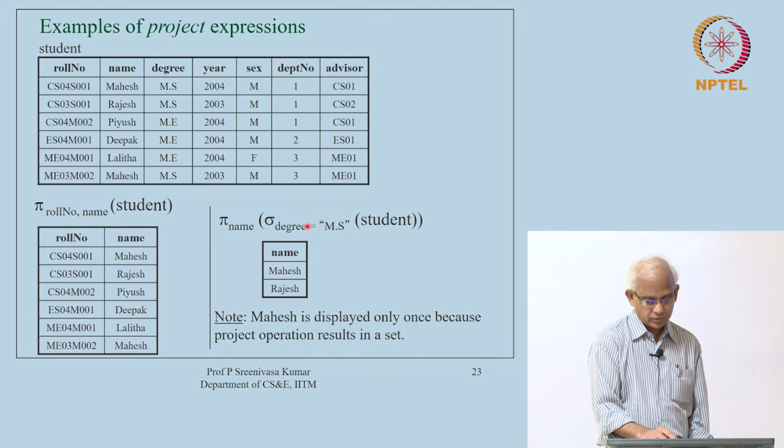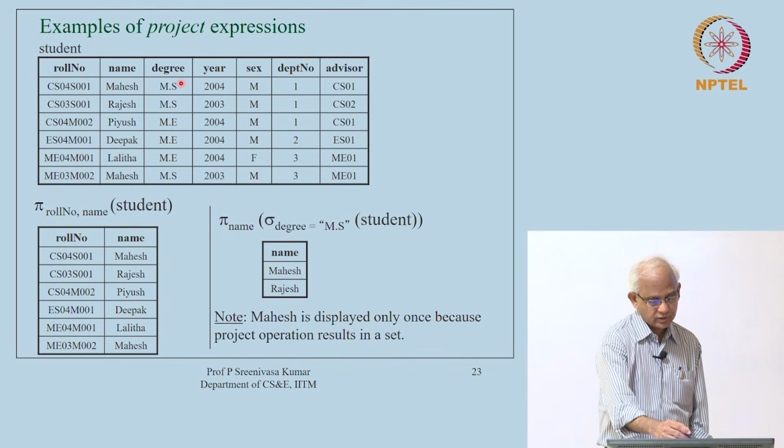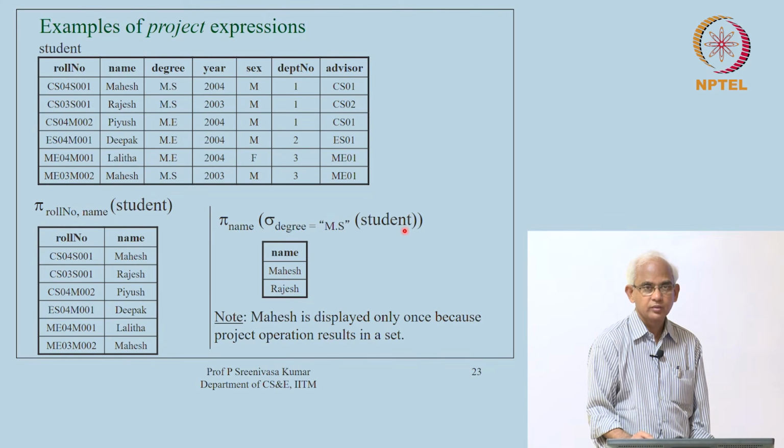So, sigma degree MS on student will give me this tuple and the last tuple, the 3 tuples, because all of them are enrolled in the MS degree. Now, if you do a project name alone without projecting roll number, what it means is that I only need the column name or attribute name information of this particular relation and do not want anything else.